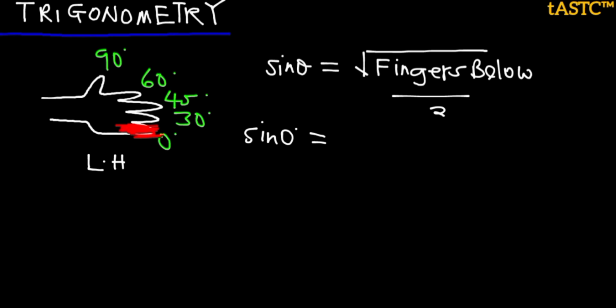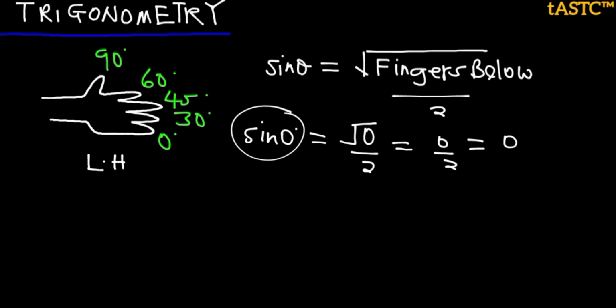In this case, obviously, we do not have 9. So that is going to be a 0. And so that will be square root of a 0 divided by 2. And so the square root of a 0 is actually 0. And so that will be 0 divided by 2. That should give us 0. So what that means is sine 0 is actually equal to 0.